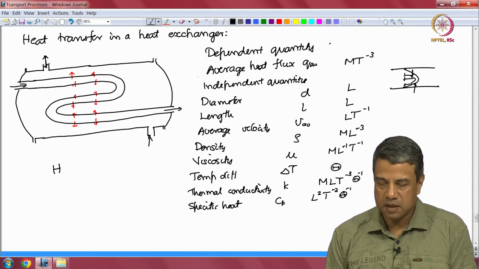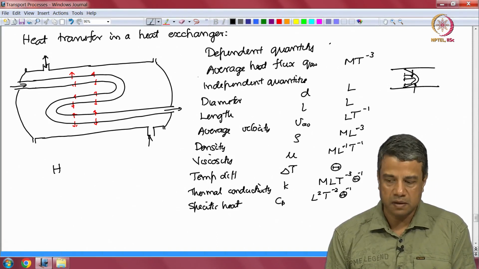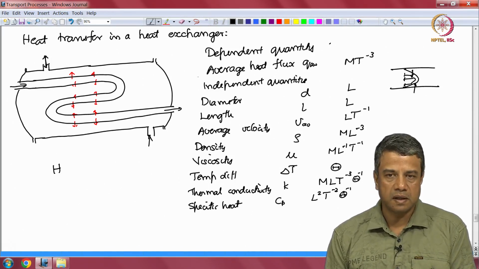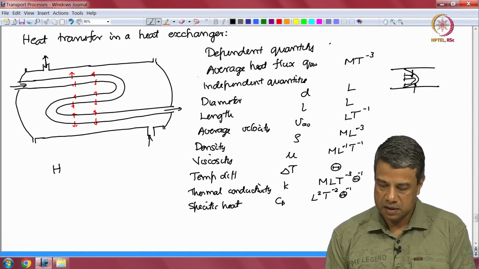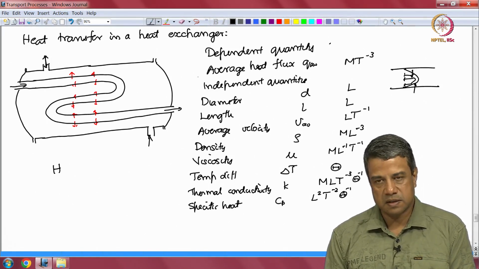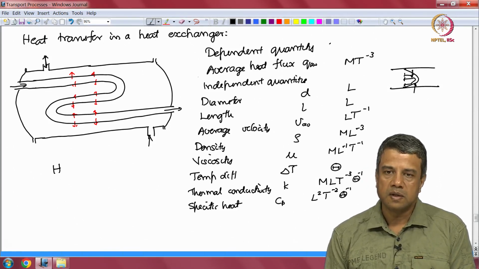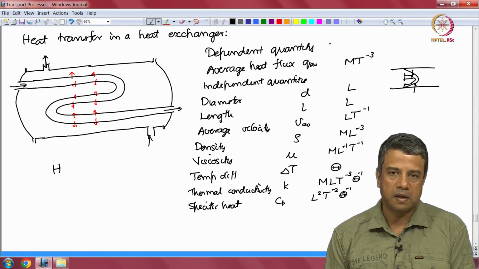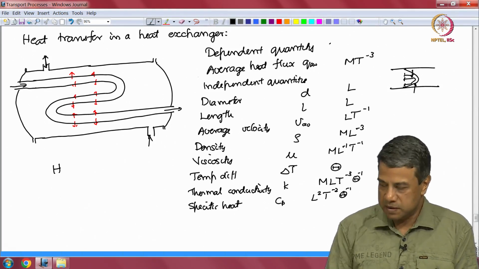There was 1 dependent and 8 independent quantities, and 4 dimensions: mass, length, time and temperature, which means 1 dependent and 4 independent dimensionless groups.